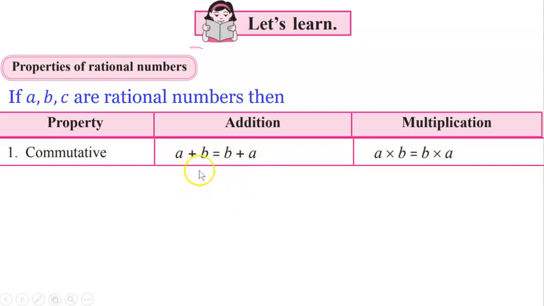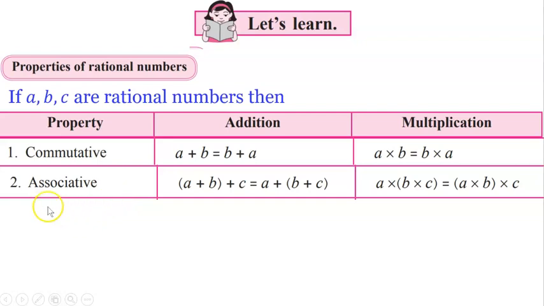It means 2 plus 3 is 5 and 3 plus 2 is also 5. Therefore addition is commutative. What about multiplication? 2 into 3 you will get 6, and that is equal to 3 into 2. It means multiplication is commutative for rational numbers.